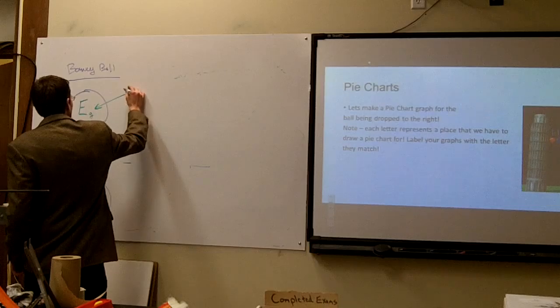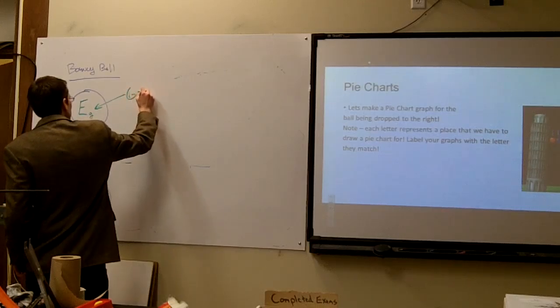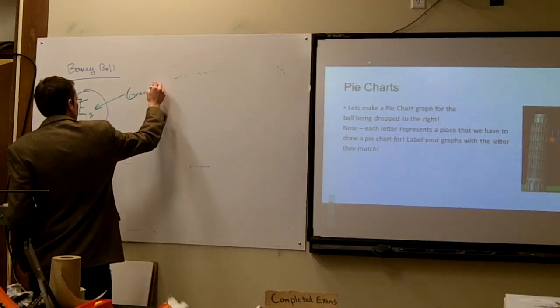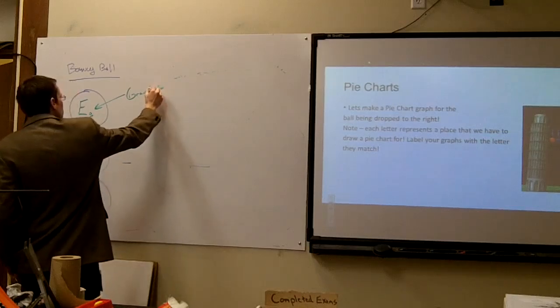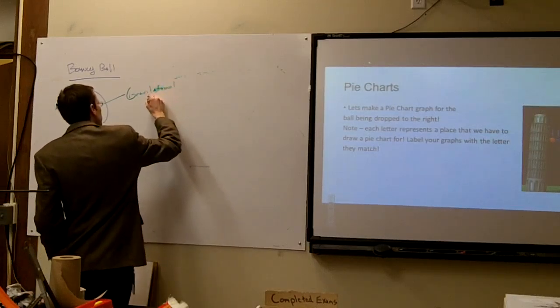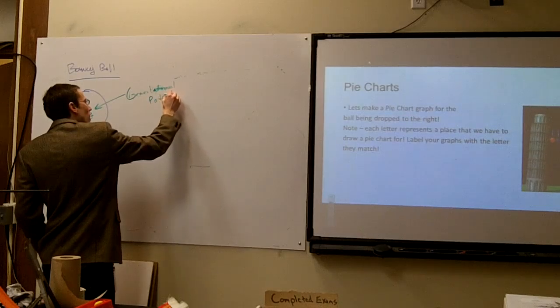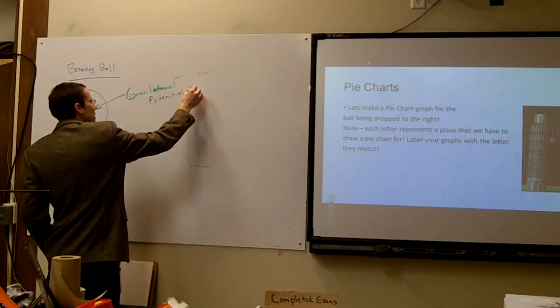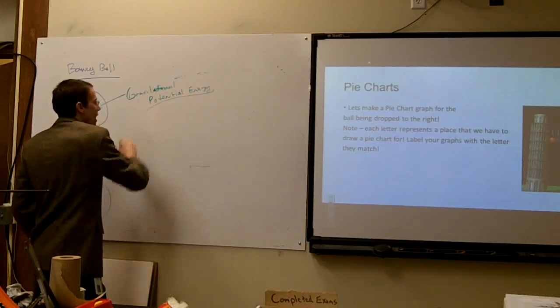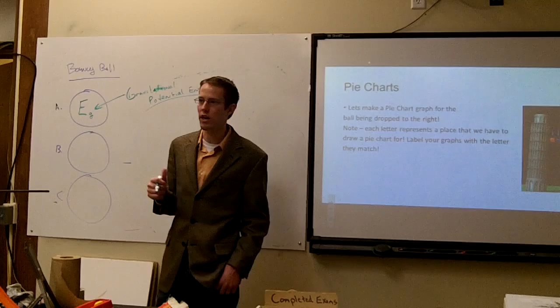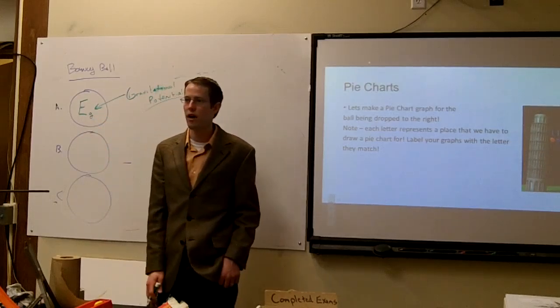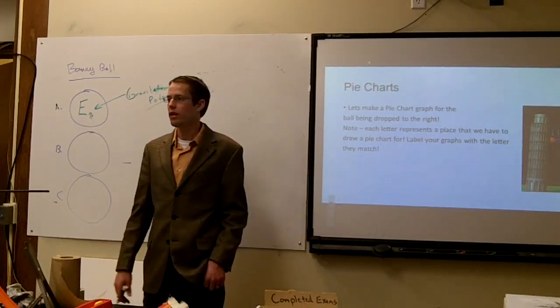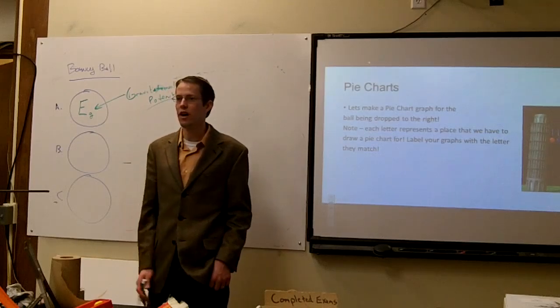That means gravitational potential energy. Why did I write it as EG? It's easier, because I don't want to have to write out gravitational potential energy every time. EG, or GPE, is fine.